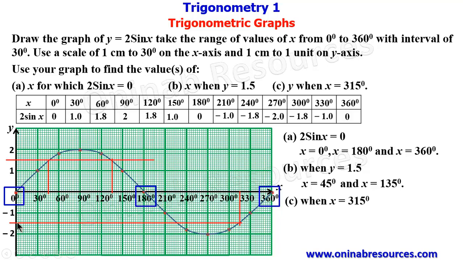It's also halfway between negative 2 and negative 1. Therefore, our y is equal to negative 1.5. So that's the end of the solution to the trigonometric graph we have in this tutorial.